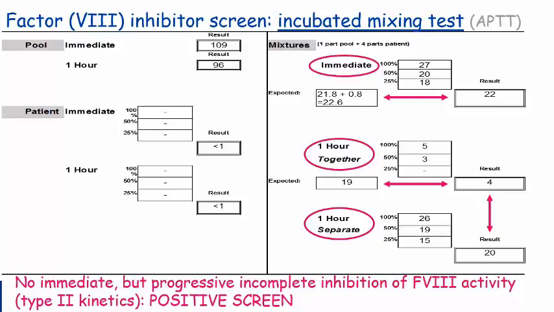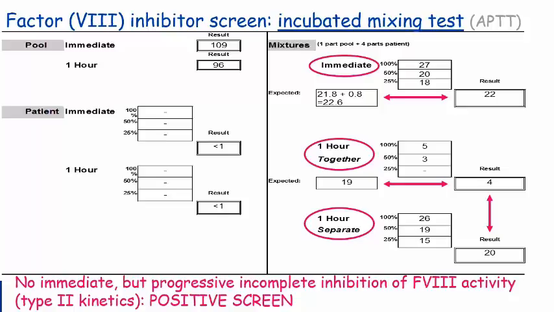Then you test after incubation and see if the results you get match what you expect. In this case, it doesn't. There is partial progressive inactivation of the factor VIII activity in normal plasma. On the left side, you see that the patient in this case has undetectably low factor VIII activity. It's less than 1%.